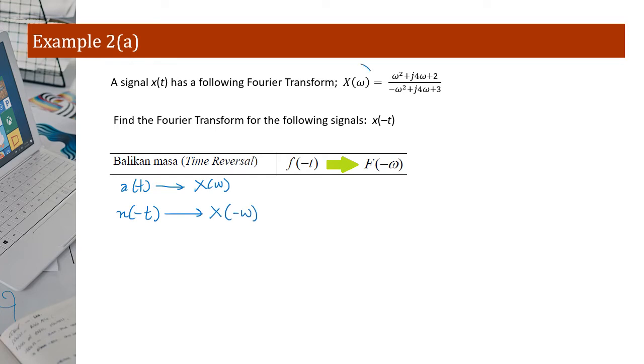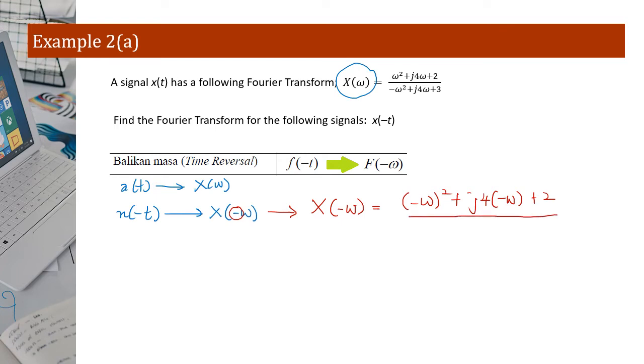You already have the X(omega) equation, so in this new equation, omega will be negative. X(minus omega) equals negative omega squared plus j4 times negative omega plus 2, divided by negative omega squared plus j4 times negative omega plus 3.